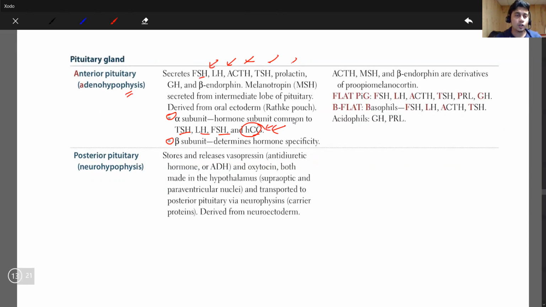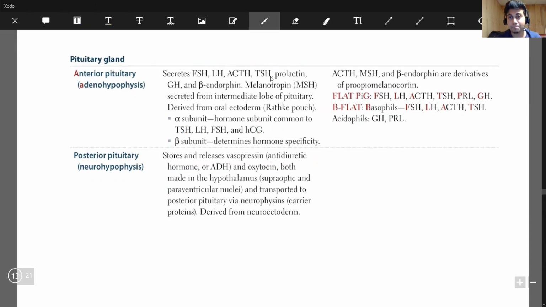But when you look at the chemical structure of these hormones, you'll find that the alpha subunit is the same, right? But the beta subunit is what actually differentiates these hormones from one another in terms of functionality.